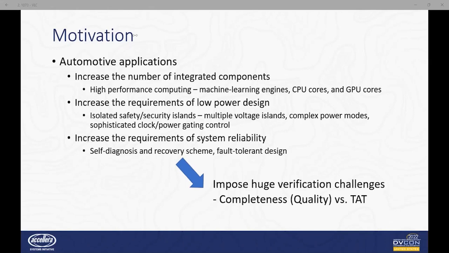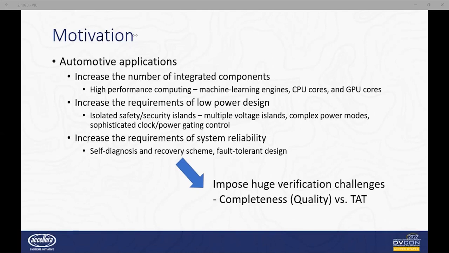Automotive also requires completely isolated architecture for safety and security. To do that, low-power design has become more complicated, and associated usage scenarios can be exponentially increased. In addition, system reliability has become much more important in automotive, so corresponding self-diagnosis and recovery hardware schemes create new verification challenges.